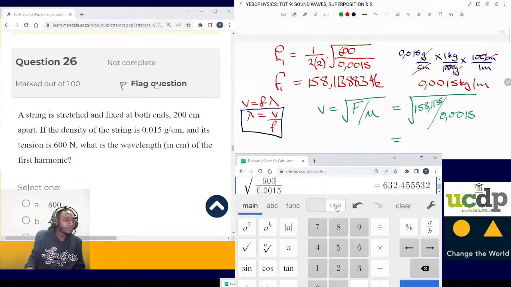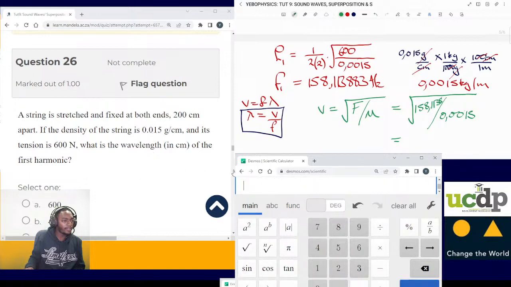Okay, so I'm going to repeat that, so that becomes 158.1138, the frequency that we got, over the mu, 0.0015.